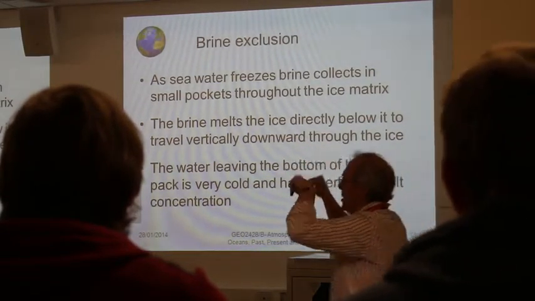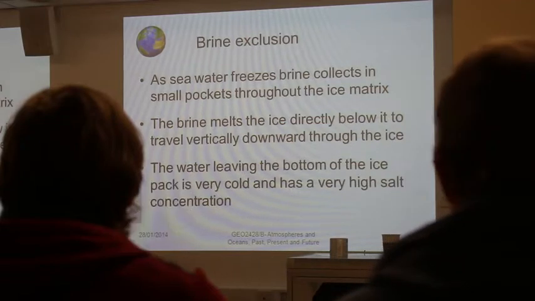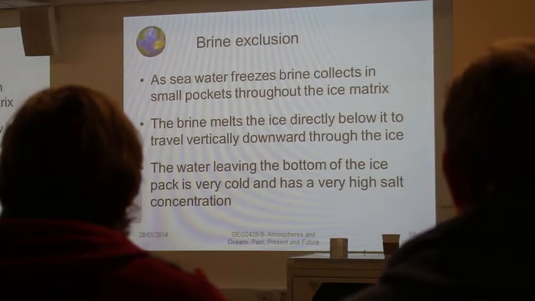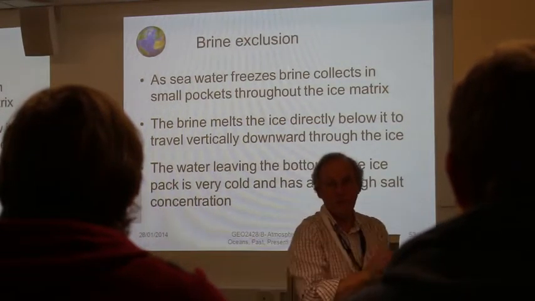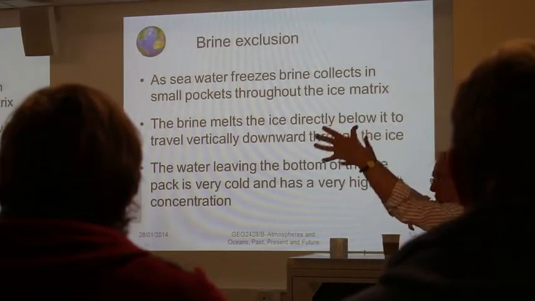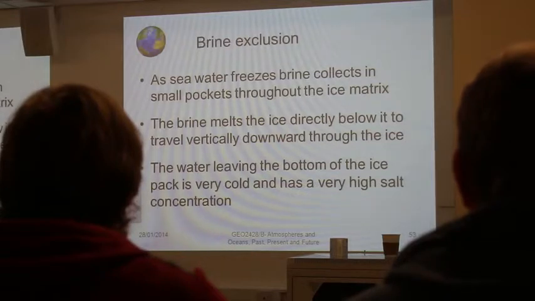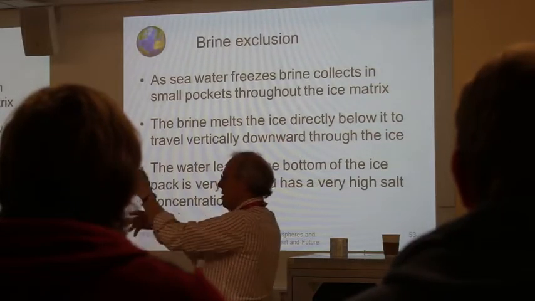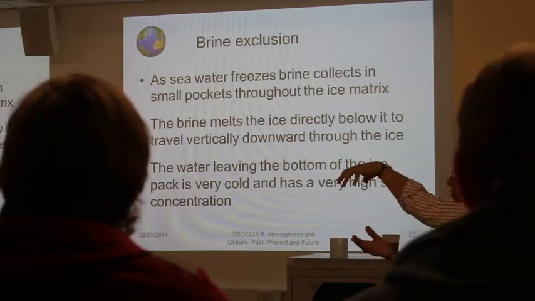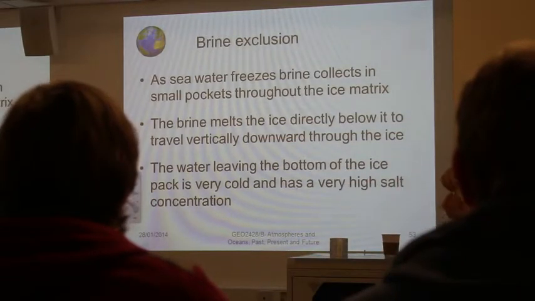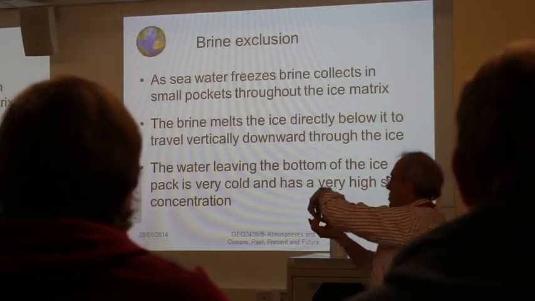Seawater freezes and brine collects in small pockets in the ice matrix, which is water and salt. Brine is salty water, okay? So you've got big ice, water is freezing up, it's getting cold, and it's got a brittle structure. It's got small pockets which hold quite a lot of this very dense, salt-rich water, this brine.